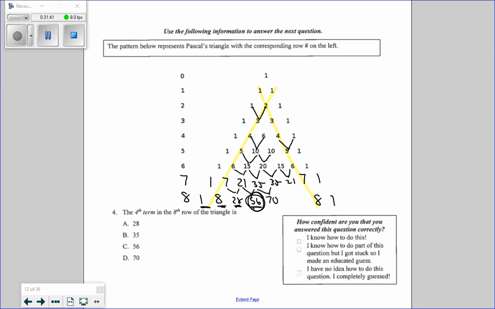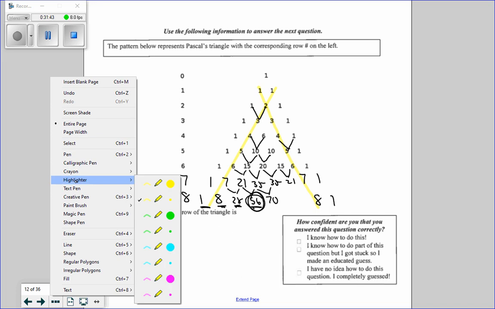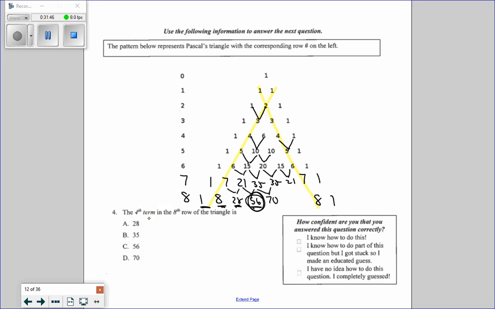Now, there are other patterns. Just to show you, this is why Pascal's triangle is so cool. See this diagonal right here? Here I added 2, here I added 3, here I added 4, here I added 5, add 6, add 7. So you could have done that. Same thing this way. How's it run this way? 1 to 3. So add 2, add 3, add 4, add 5, add 6, add 7.